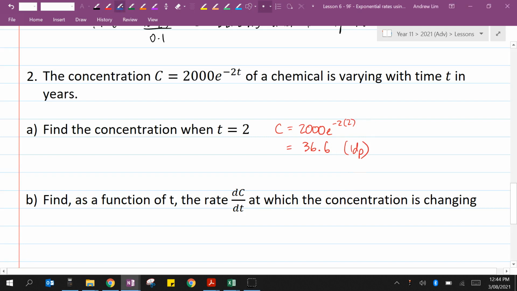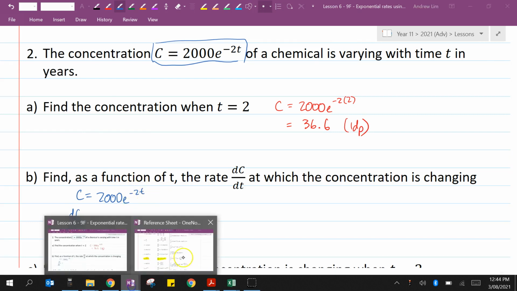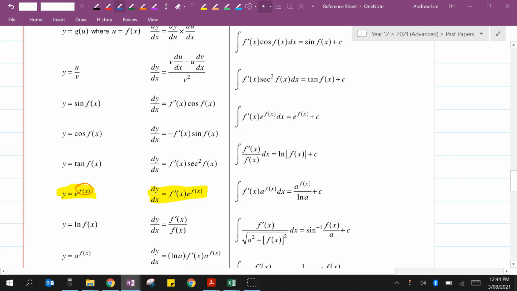Okay, question B. Find as a function of t the rate dc dt at which the concentration is changing. So now we want to differentiate this. If c is equal to 2000 e to the negative 2t, then dc dt, we need to differentiate this. So we have a look back at our formula sheet.